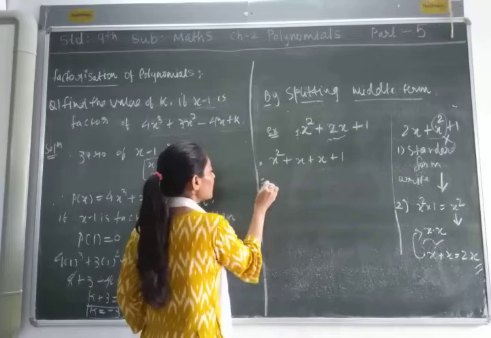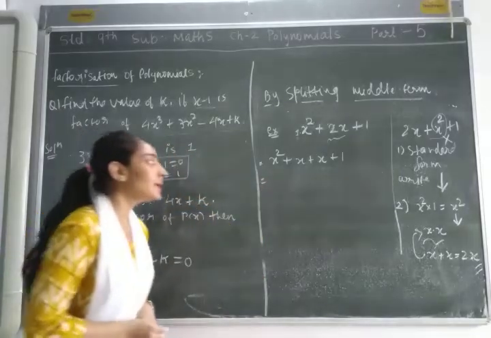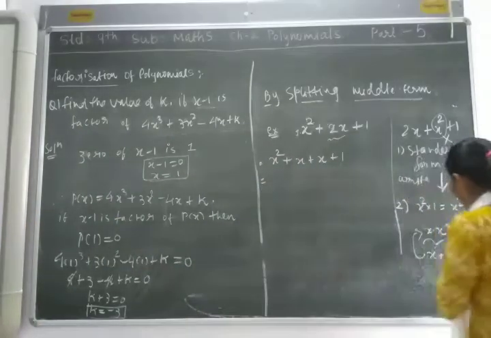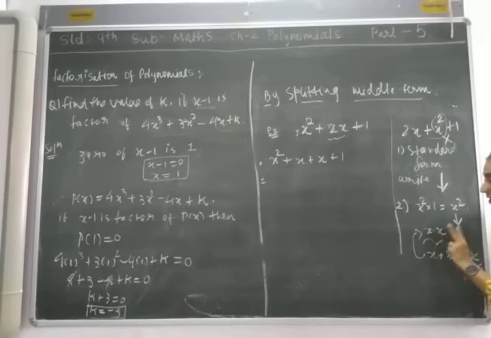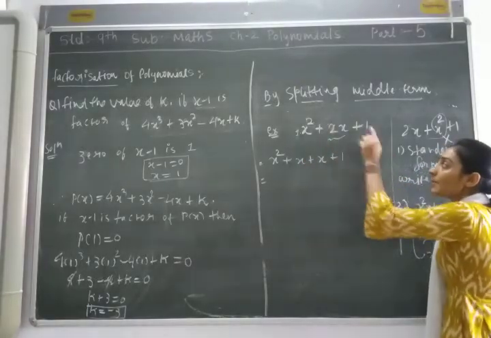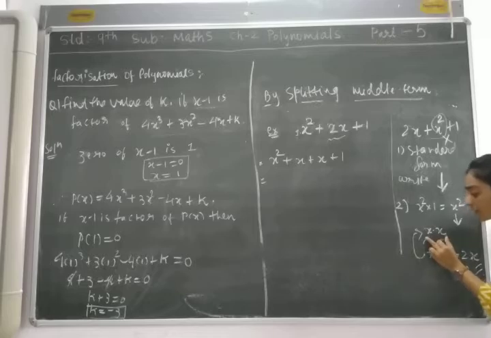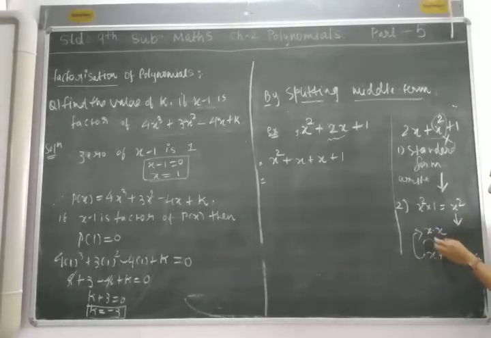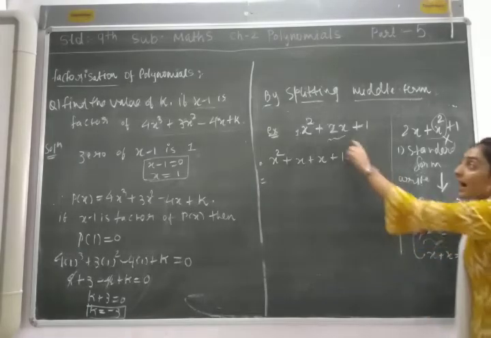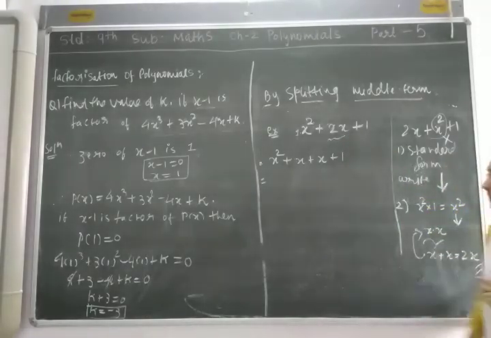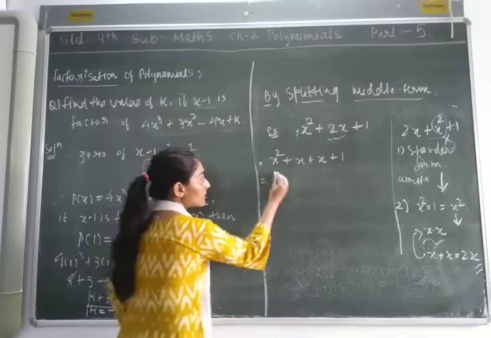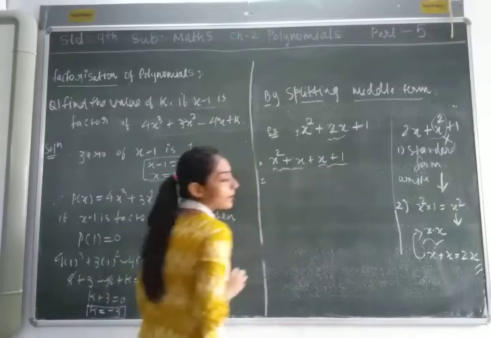We have to take such factors of the product of my first term and last term, such numbers or polynomials whose sum is exactly equal to my middle term. Now, grouping.